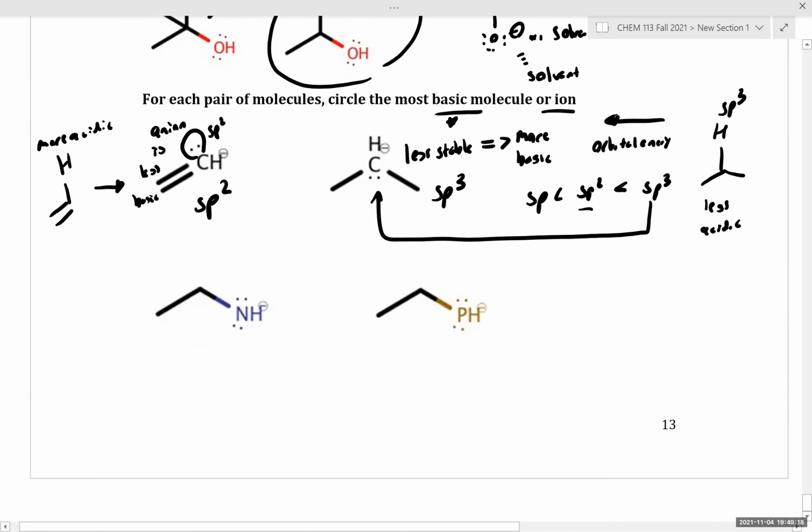Perfect. So by the same token, if we compare this amide anion versus this phosphide anion, which of these anions is more stable? Considering atom effects here, this is a classic example of atom effects.